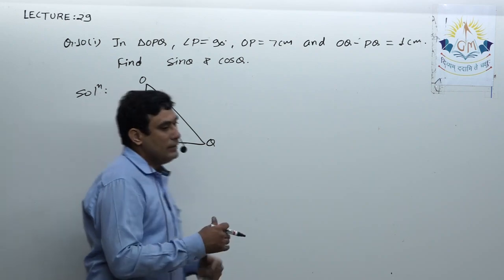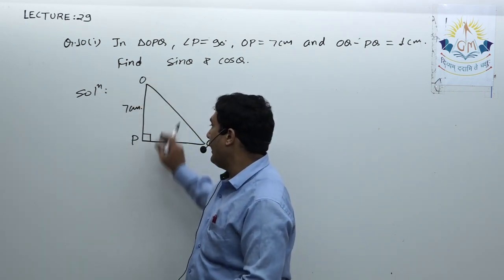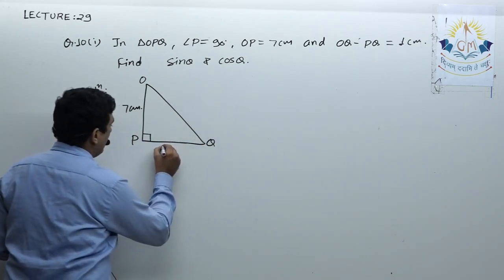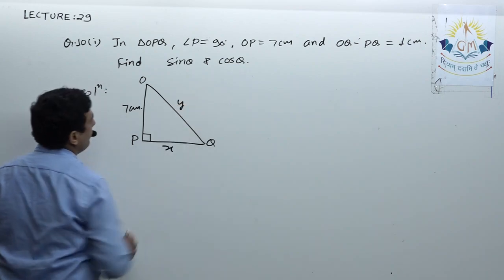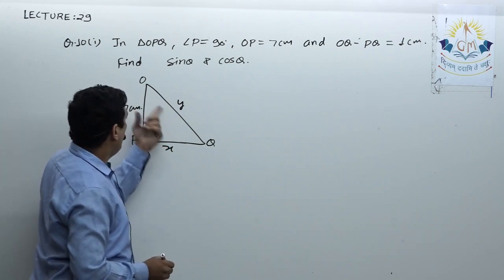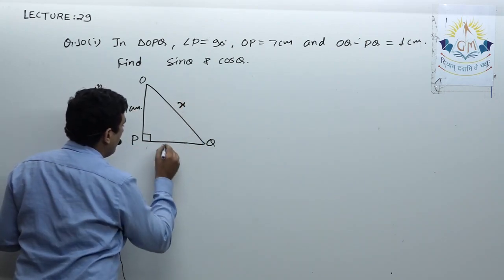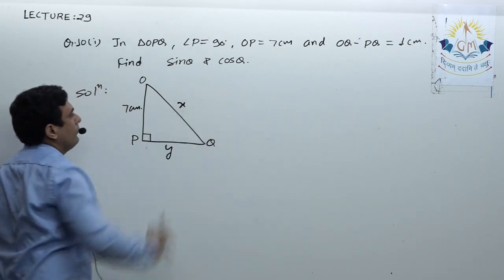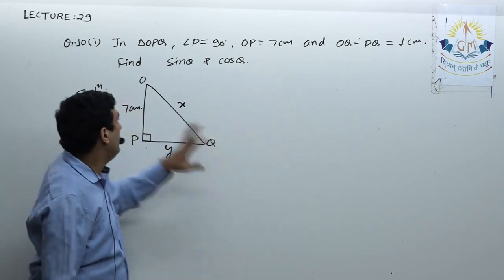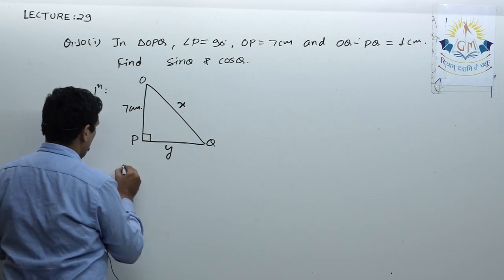So in short, first of all we have to find the unknown sides of this triangle. For example, I say this is X and this is Y, so here I have a relation between OQ and PQ.